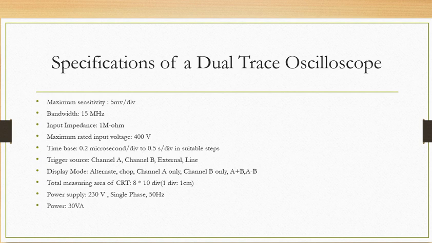In the next lecture we will discuss the dual beam oscilloscope for a short time, because you have understood the dual trace oscilloscope very well. I will just discuss the difference between them, and then we will move towards the digital storage oscilloscope.